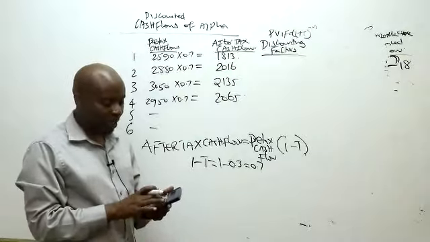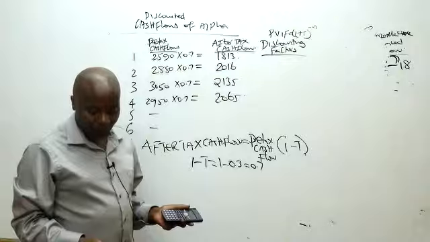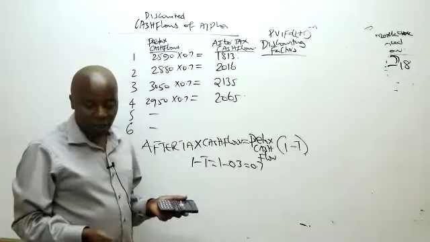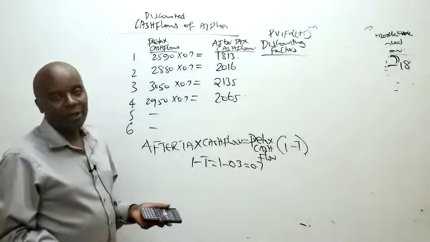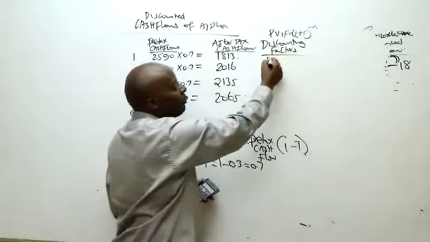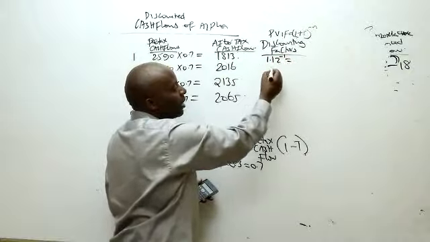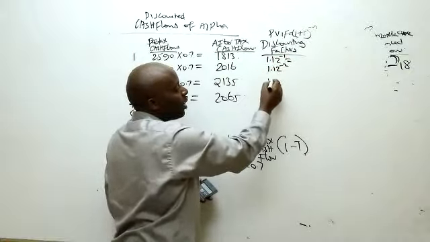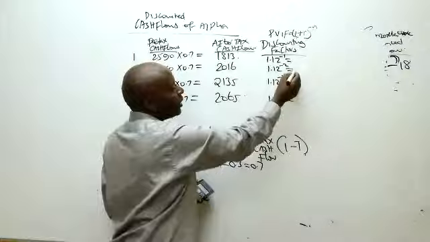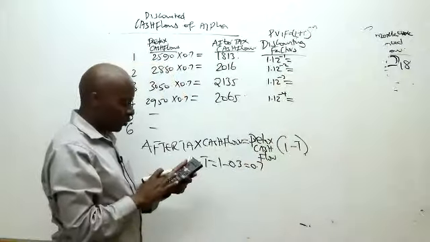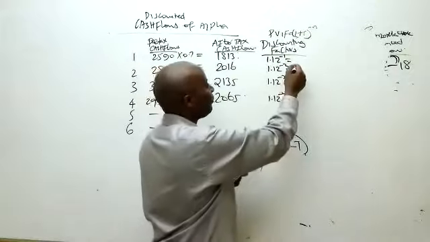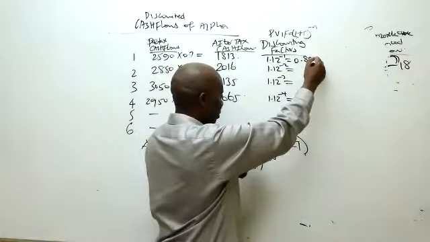So 1 plus R. Have they given us the cost of capital? Yes. Note number 5. They have told us that the cost of capital of the company is 12%. So then we have here 1 plus 12%, that is 1.12 raised to minus 1, 1.12 raised to minus 2, 1.12 raised to minus 3, 1.12 raised to minus 4. So we have 1.12 raised to minus 1, giving us 0.8929.